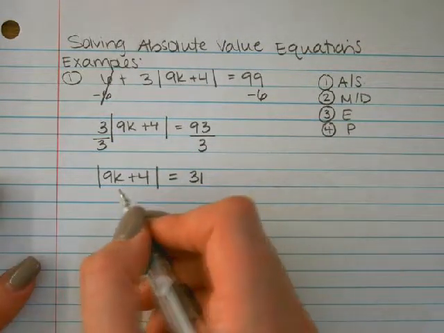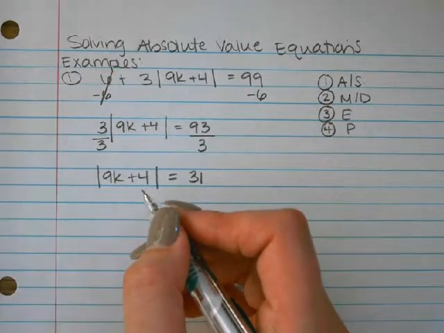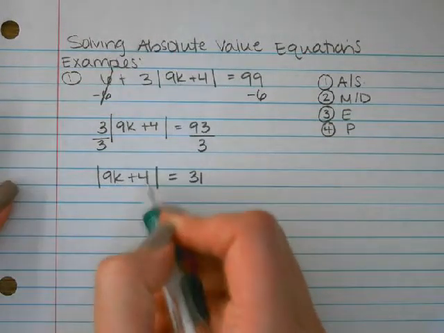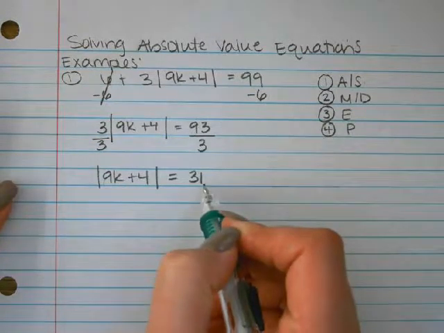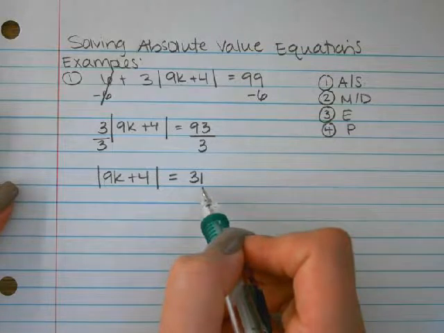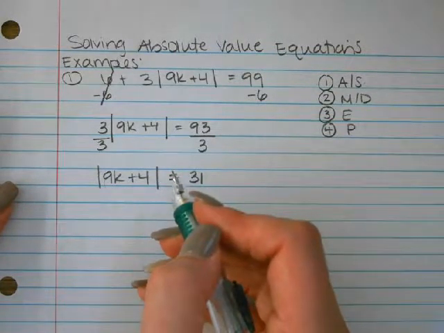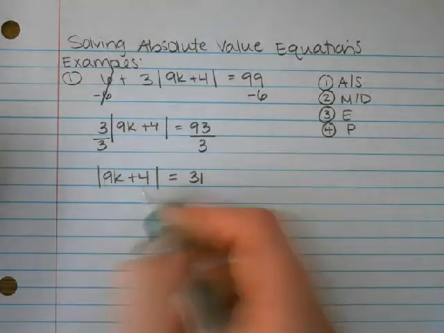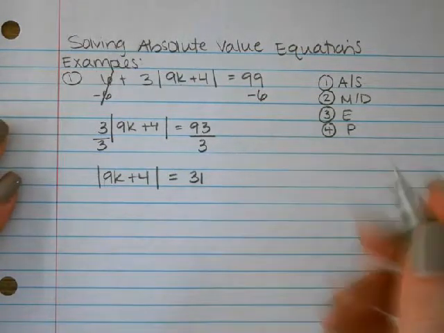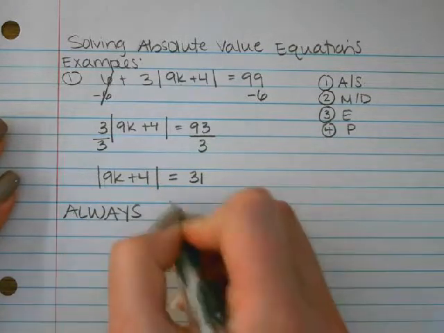What does the absolute value sign mean? Always positive, right? Whatever you got here, you forced it to be a positive 31. So either this stuff actually equaled positive 31, or what else could it have equaled? It could have equaled negative 31, and then they forced it to be positive. All right? So now we're going to say always plus minus.